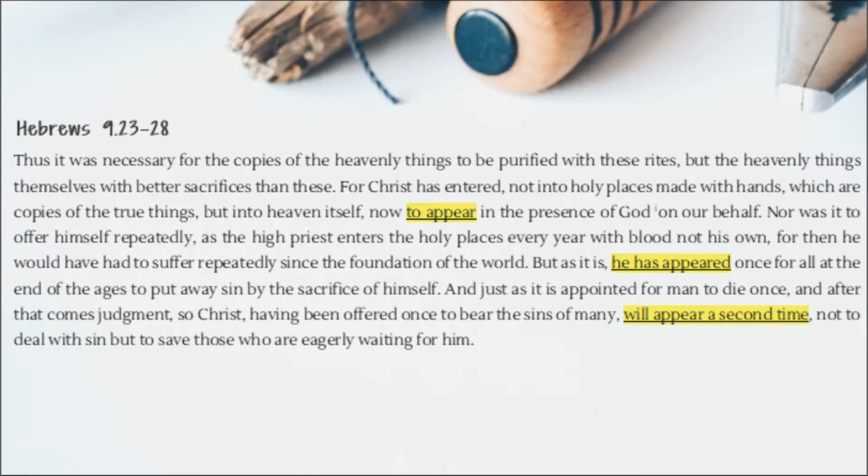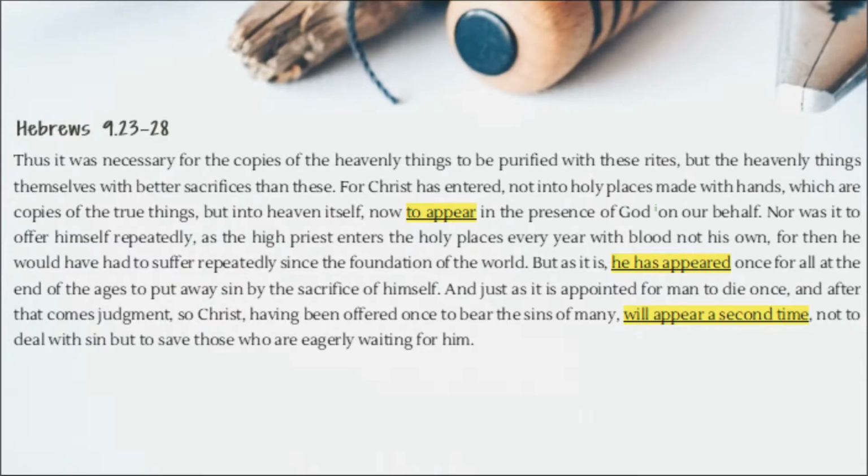So this is talking about Christ being our high priest who appeared to be that perfect sacrifice in heaven. And now he has appeared in heaven on our behalf, and he's going to appear the second time, not to conquer sin, but to fulfill or bring our salvation to light. And this is a beautiful passage about him fulfilling the law and being that perfect atoning sacrifice. So this is to appear. He has appeared, will appear a second time.